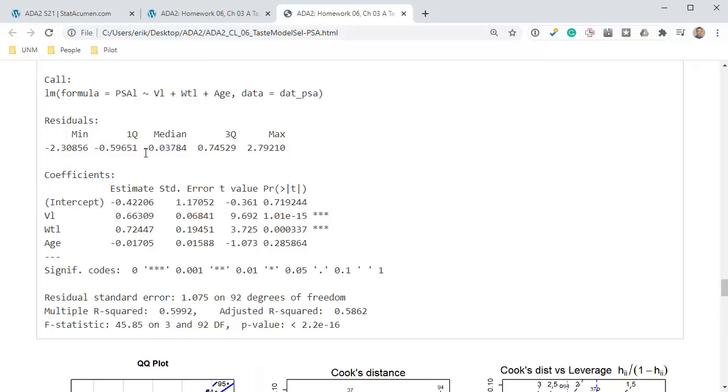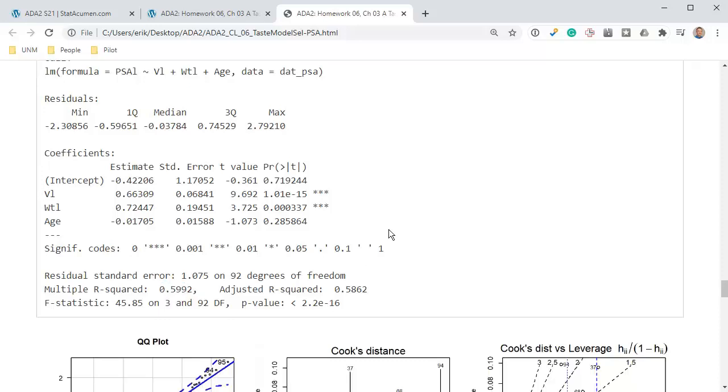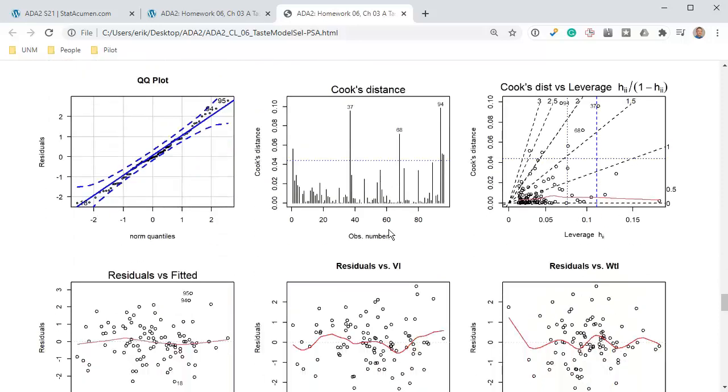So that's hopeful, as we'll see in a moment whether normality is met. It looks also like log volume and log weight are going to be important, but maybe not age. And we're explaining about 60% of the variability in PSA, which is pretty good. So it's a nice place to start for a model like this. We have these residuals already look really good.